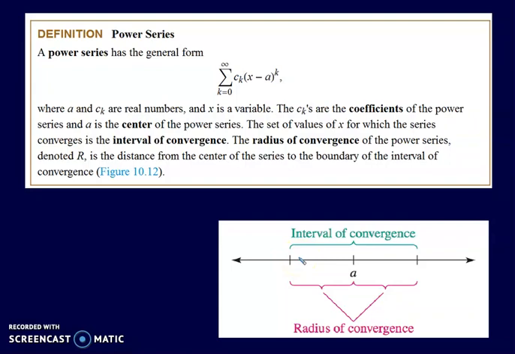And if a value of x lies outside of that distance, the series will diverge. If you take the center point and move one radius distance to the right or left, we then get an interval of convergence. So for example, our center point might be 1 and the radius might be 2, and then the interval would be anything from -1 to 3.